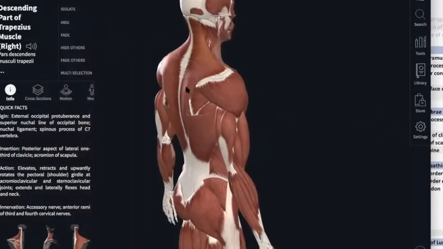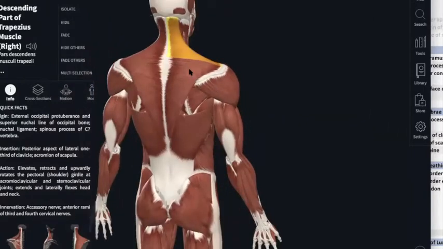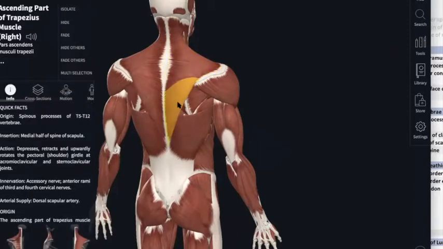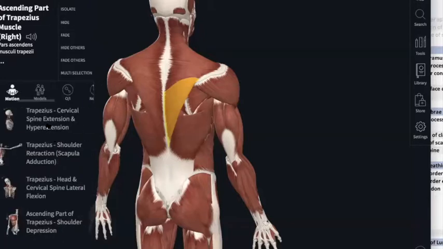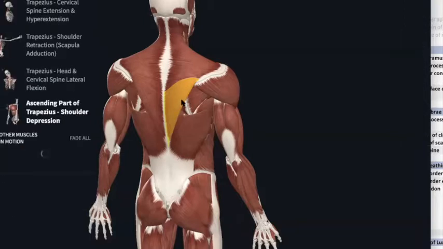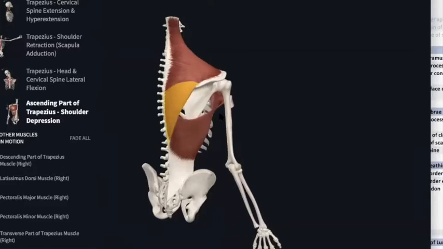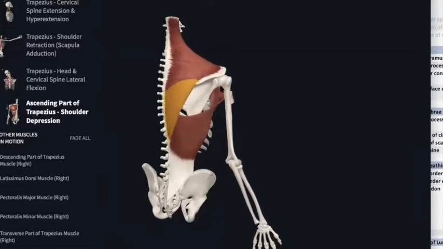Your other parts of your trapezius, your middle and your lower traps on the back right here, are also inserted onto the scapula and are doing particular movements right here. For instance, your lower traps right here, when they contract, they're depressing the whole shoulder, bringing it downward, in this depression movement.